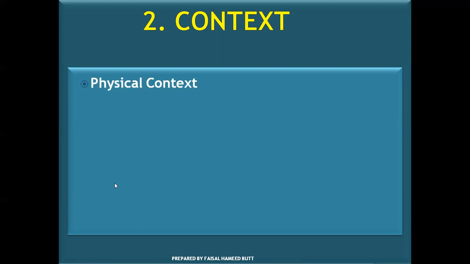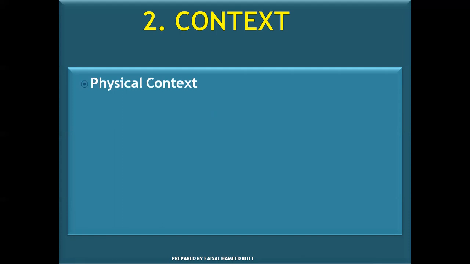If a communicator is communicating in a noisy place, he has to raise his volume, right? If you are working in a stock exchange or in a big, huge fish market, obviously you cannot speak in low volume. You have to raise your volume there.